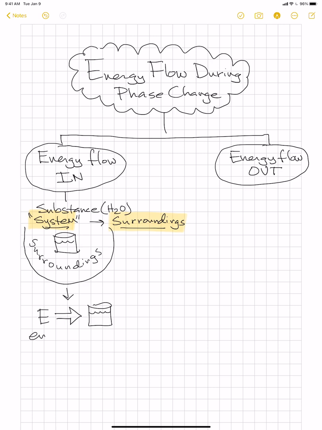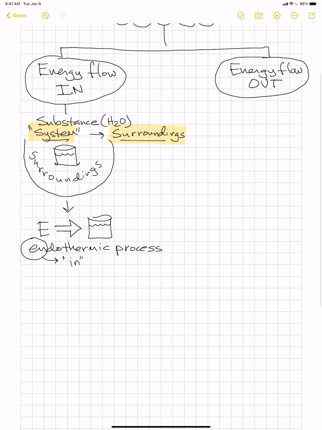We call this an endothermic process. A good way to remember this is if you look at this part of the word, N, it kind of sounds like the word in. So energy goes in an endothermic process. So let's have an example of that.